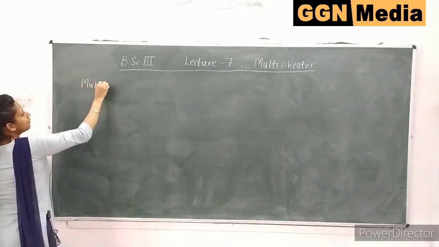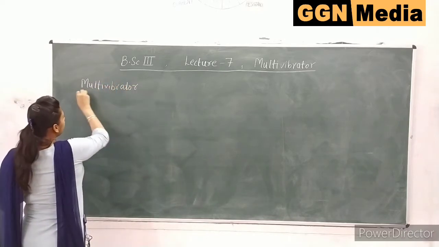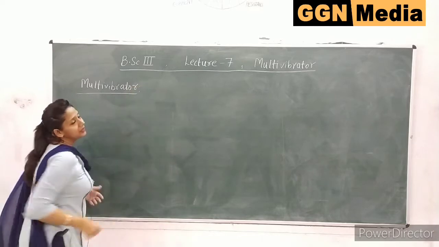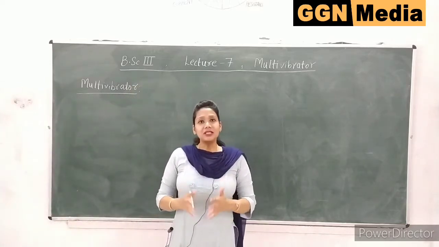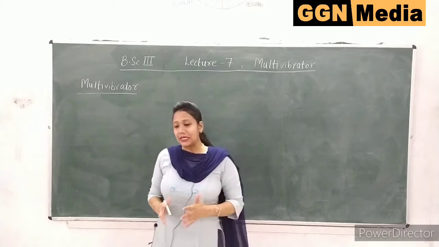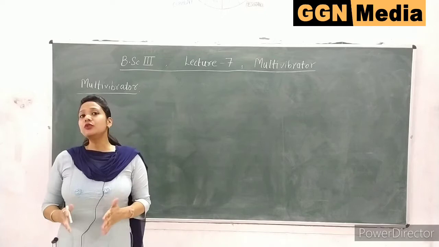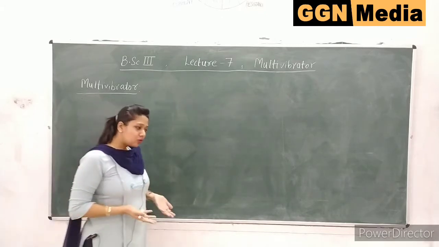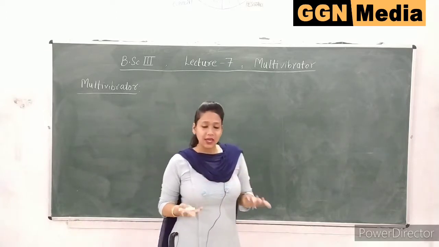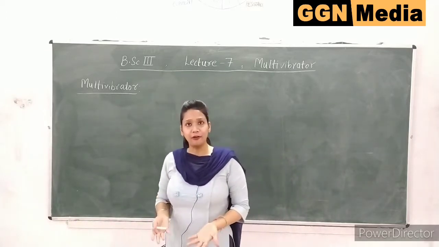So first of all, we will see what is multi-vibrator. It's a new topic for you. Multi-vibrator simply is an electronic device which is used to implement two-state devices, and these two-state devices can be an oscillator, a timer or a flip-flop.